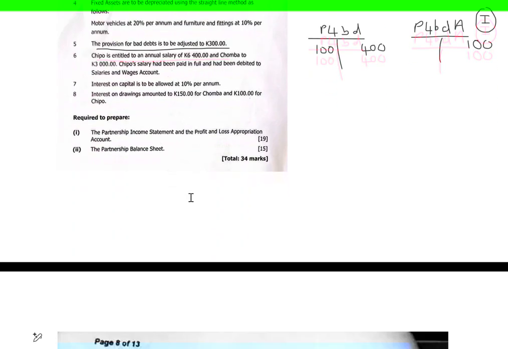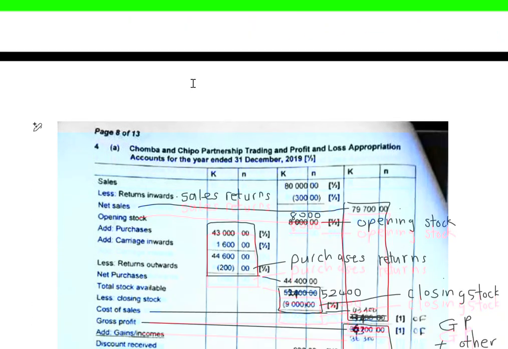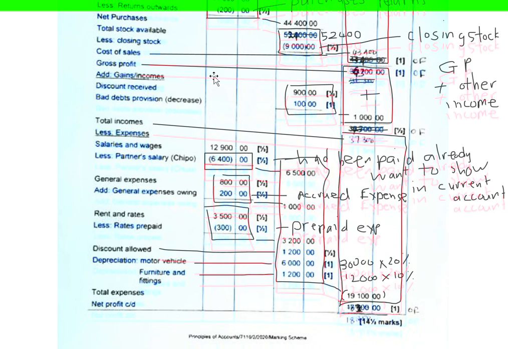Now what they're doing is that one had been debited to the salaries and wages, the one partner. If it's debited to the salaries and wages, the other one wasn't. So Chippo's was debited, you need to take it out, okay? Because that salaries and wages is actually relating to your staff. The partners needs to be shown separately, but it was already debited to salaries and wages. So take it out, 6,400.